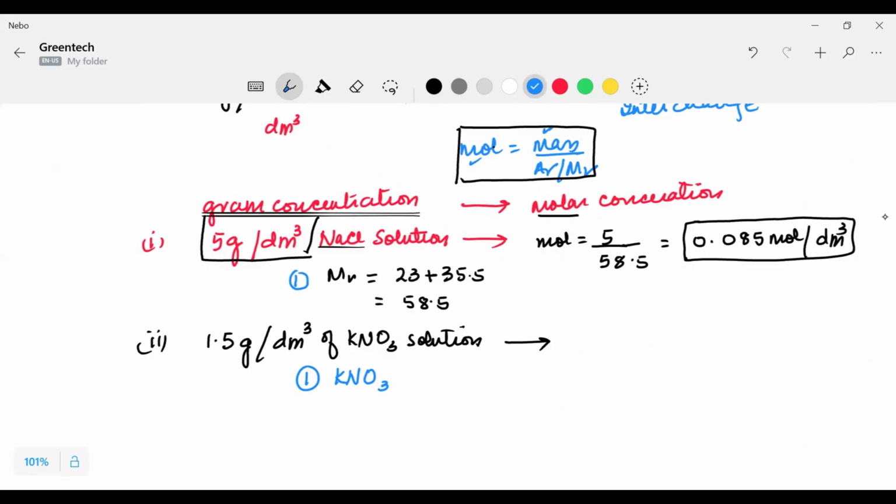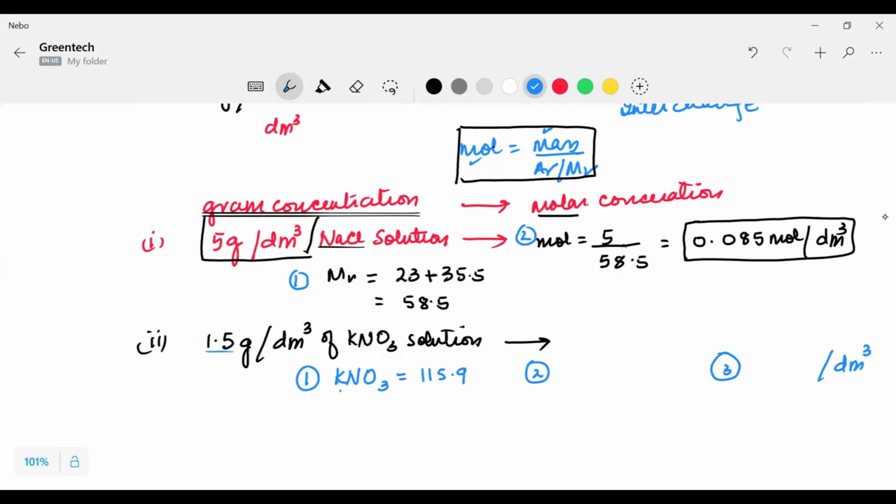Then step two, you put the mass given to you over the MR of the substance and convert it into moles. Those many moles are going to be in 1 dm cube. That is how you convert the gram concentration into the molar concentration. So let's do step one first, then step two, and then we'll write down step three, the concentration per dm cube.